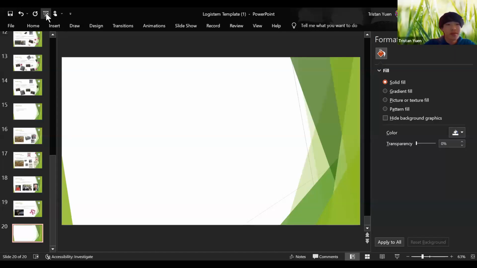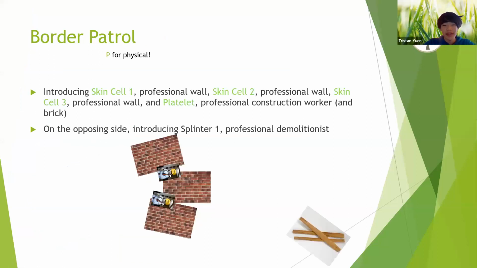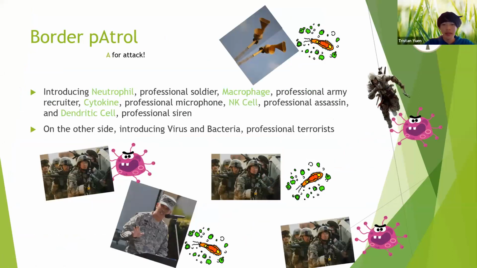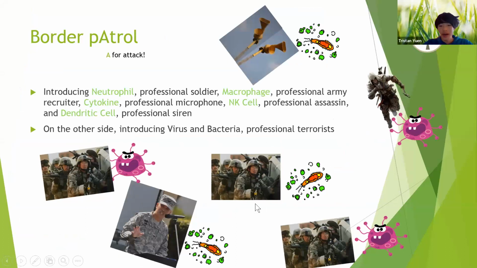When the splinter comes in, those bacteria have already encountered the skin. The skin is going to release proteins that tell the macrophages that this is not a bad guy. Since the viruses don't have this, the neutrophils will see, oh, this is not one of our friends, and so we're going to kill it.